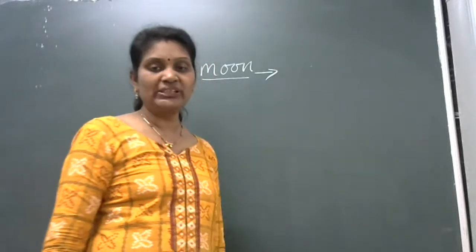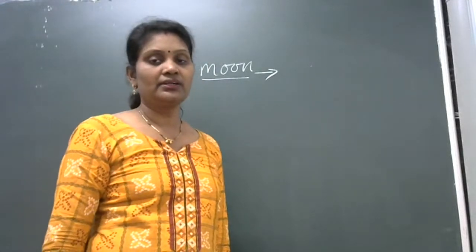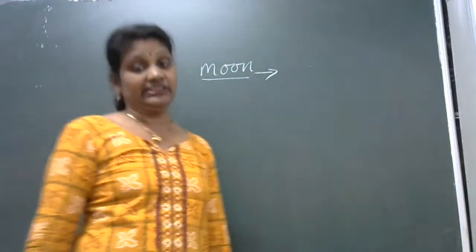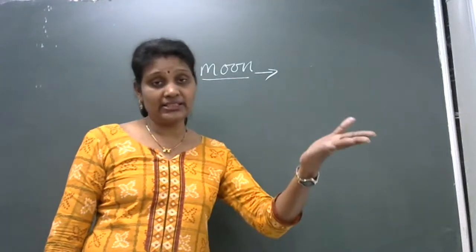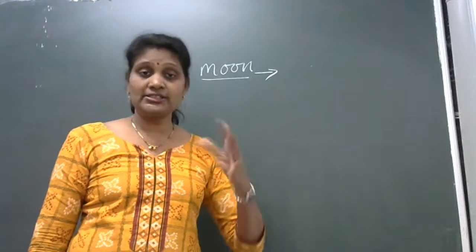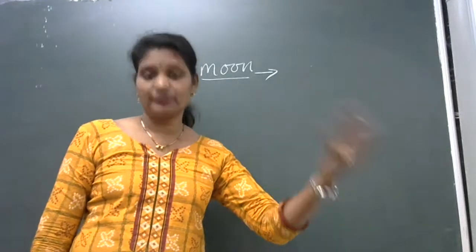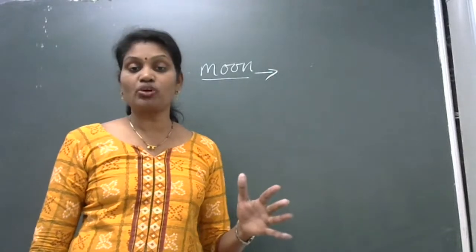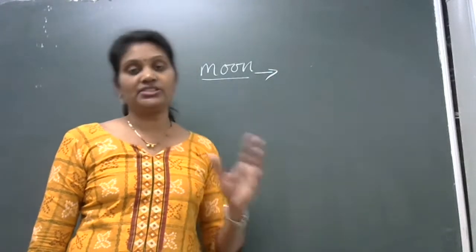It is non-luminous. या हम कह सकते हैं illuminating, because it is taking the light from others, illuminating object. It is reflecting the light of the sun. That is why it is not a luminous object, it is illuminating.